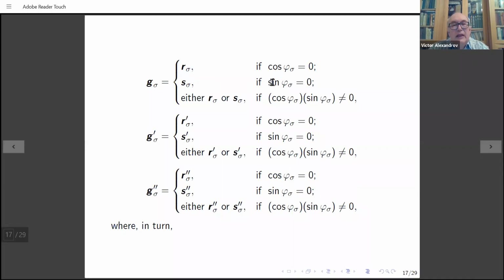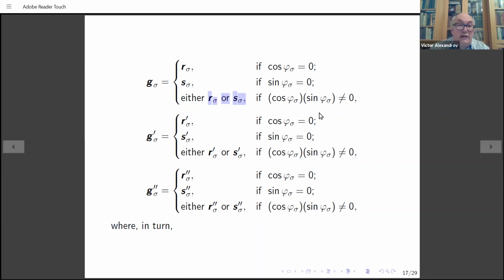If sine of the dihedral angle is equal to 0, then we should use another expression. But if neither sine nor cosine of the dihedral angle is equal to 0, we can choose any of these vectors R and S as G sigma, and so on for prime and 2 prime.